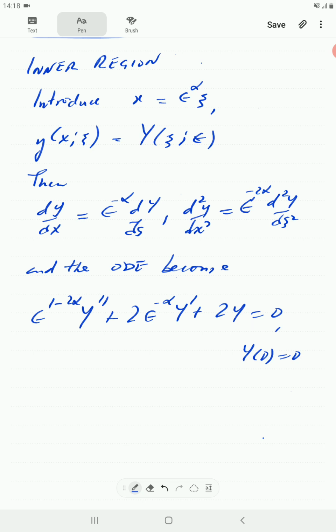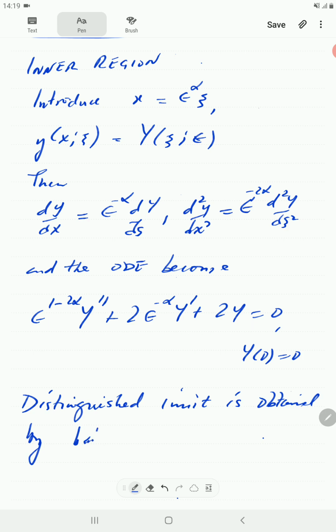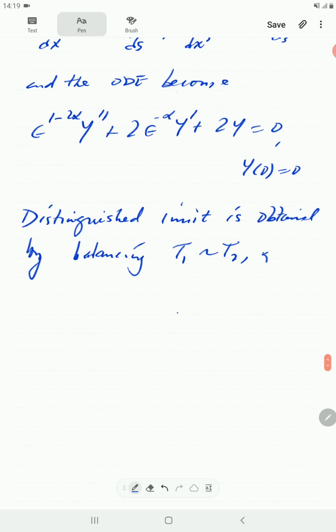Then we go through the same process of finding a distinguished limit value for alpha. The distinguished limit is obtained by balancing term 1 and term 2, and it gives alpha equal to 1.